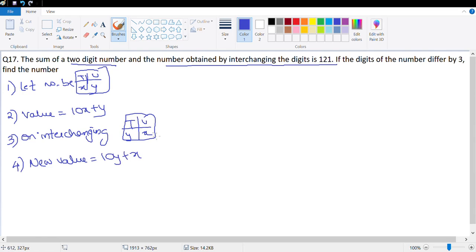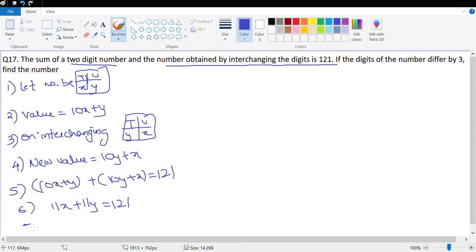The sum is 121, which means 10x plus y plus 10y plus x is equal to 121, which means 11x plus 11y is 121. Dividing both sides by 11, x plus y is equal to 11. That's our first equation.